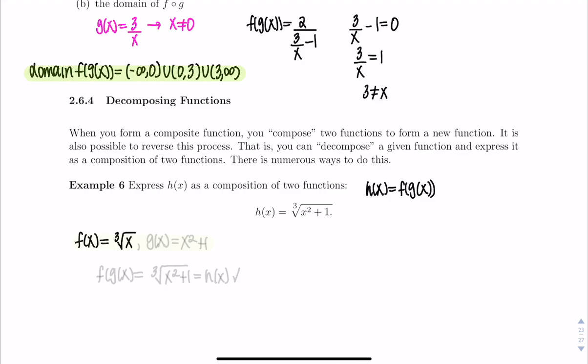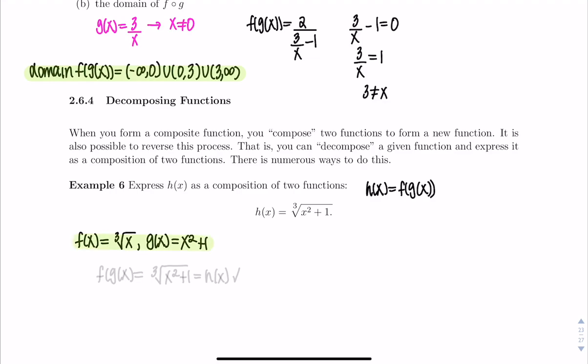So I need to find what I'm plugging into the cube root of x, so they end up with the cube root of x squared plus 1. And so that means that g of x has to be x squared plus 1.